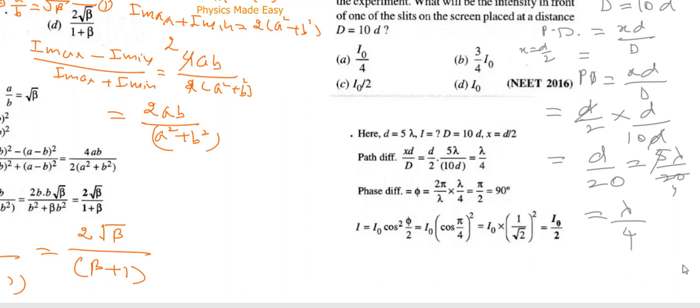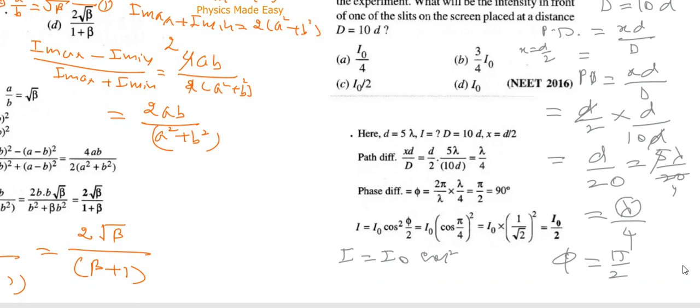So phase difference will be, just place 2 pi in place of lambda, 2 pi by 4 means pi by 2. Now formula of intensity, I is I naught cos square phi by 2.